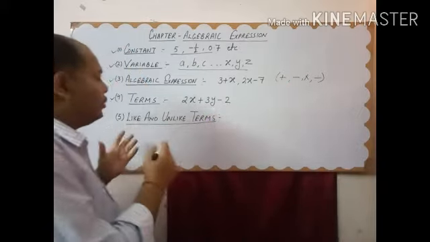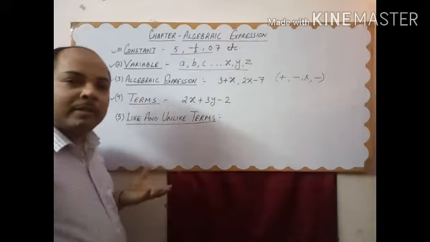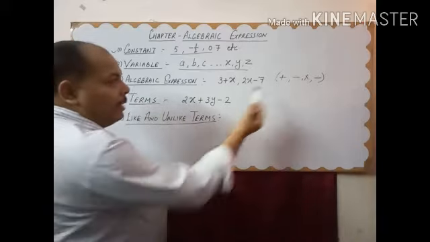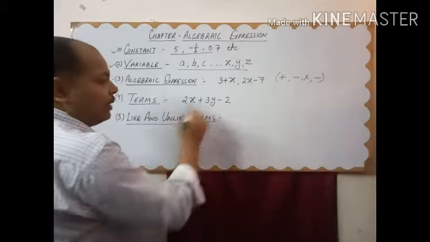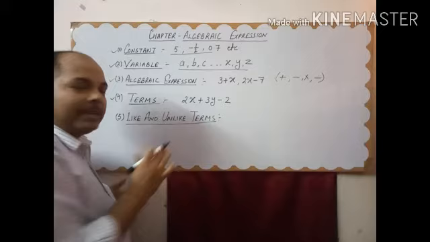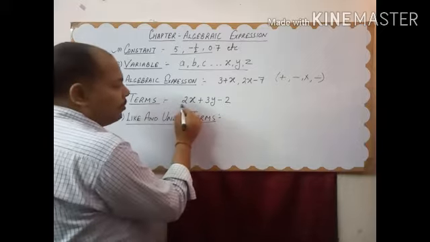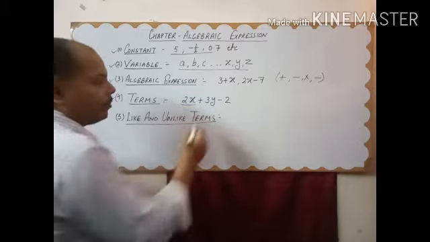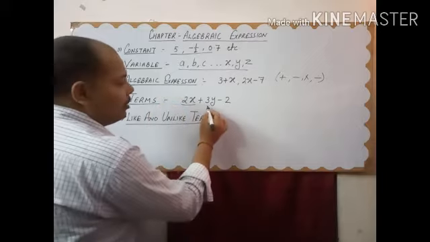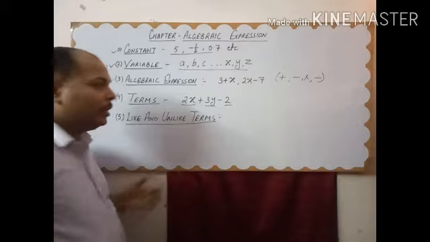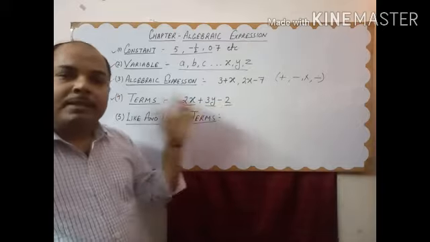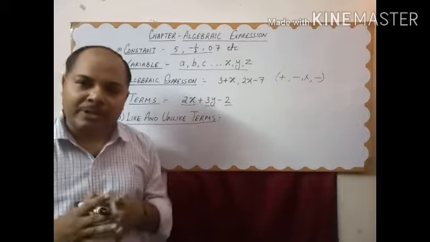Now we are going to understand what terms are here. When the signs plus and minus separate the expression, that is 2x, then addition, 3y, then the sign of subtraction, then 2. It means these two signs, plus and minus, separate this algebraic expression.